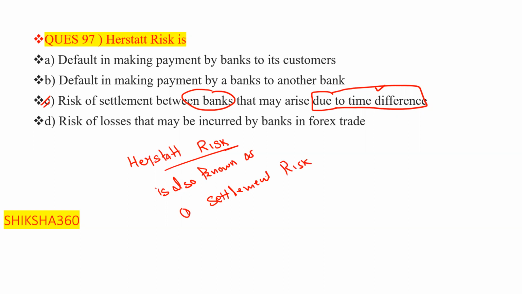Second one, they have already asked this in the examination, what is the name? Temporal risk. So this risk is also known as settlement risk or temporal risk.